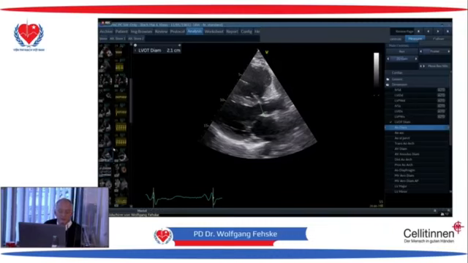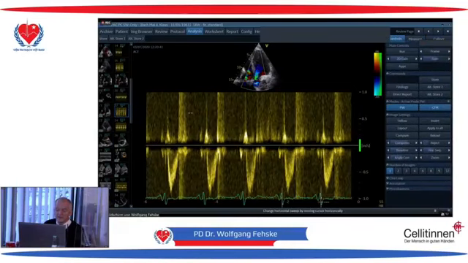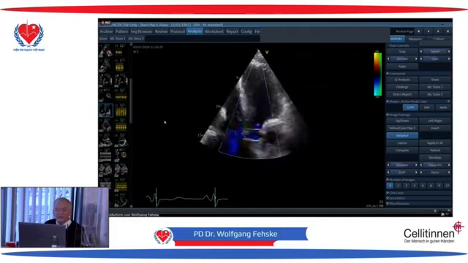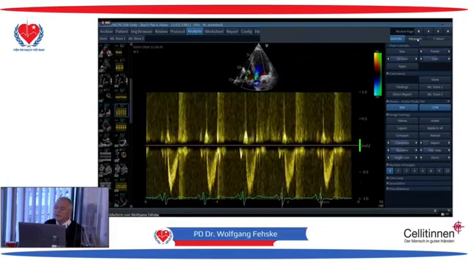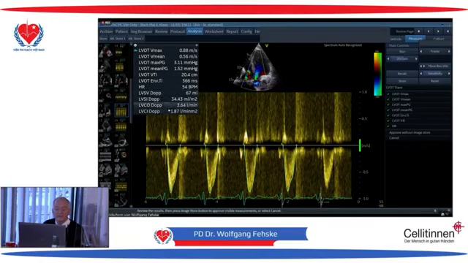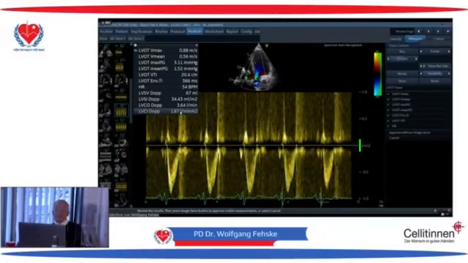And then we have to go a little bit further to look for the outflow through. You see here is what we are measuring in the 5-chamber view, and we let the machine calculate it, and it calculates a stroke volume of 67 milliliters and a stroke index, and all that is a reduced cardiac index of 1.9, which is normally 2.5.